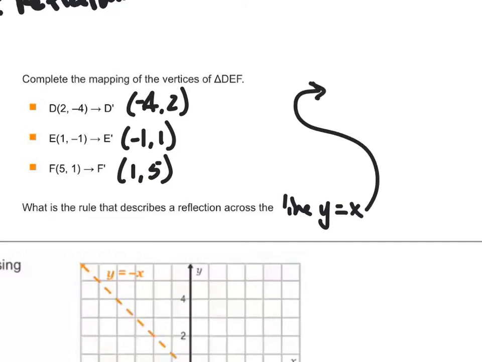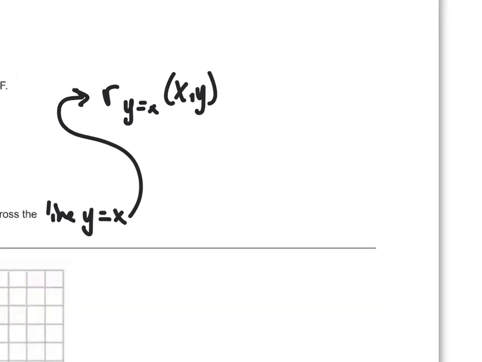All right, it's going to look like R over the line y equals x, okay, of the point xy, and what that's going to do is we're just going to switch that to become the new point y, x. Okay, so remember, this is your OG, this is your pre-image.